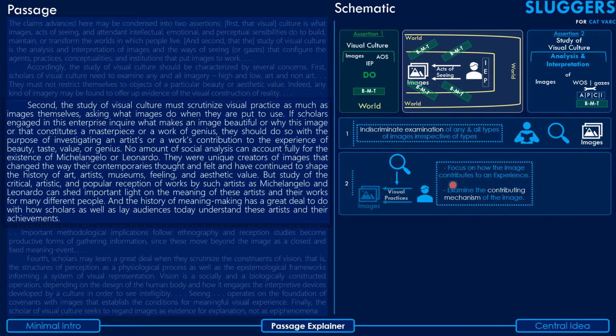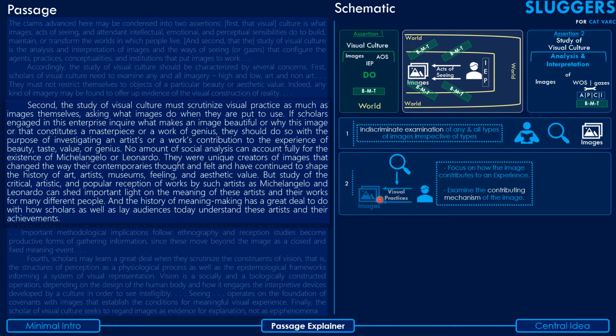What the author means by "asking what images do when they are put to use" is this: for example, if a person is looking at the famous painting by Da Vinci, the Mona Lisa, what exactly happens during the process where the person infers that it is a beautiful painting? What exactly is the mechanism there?